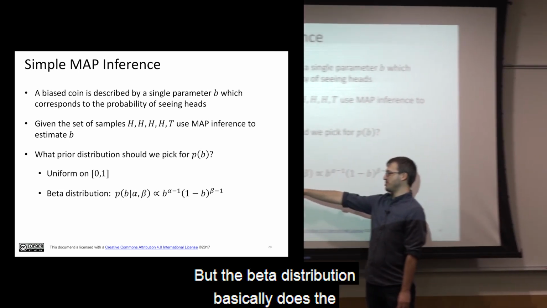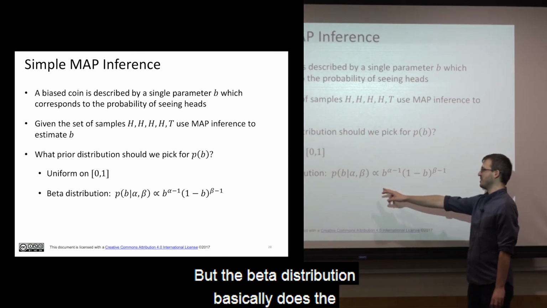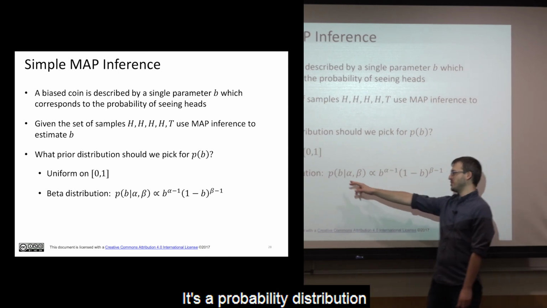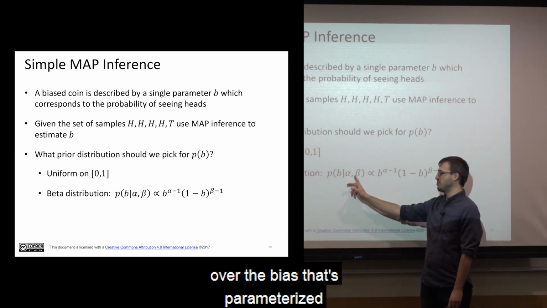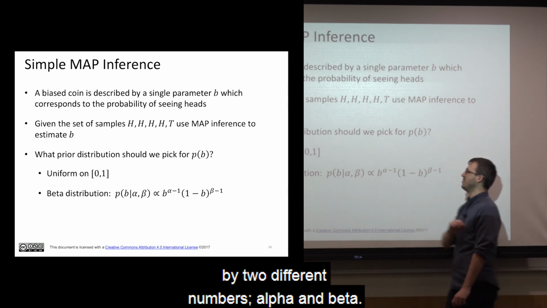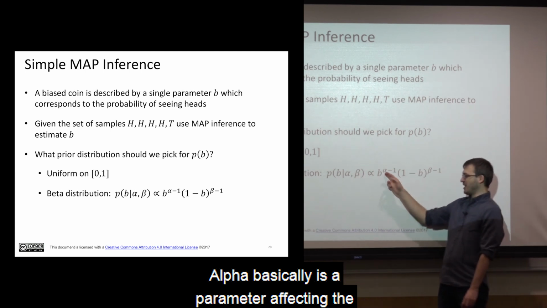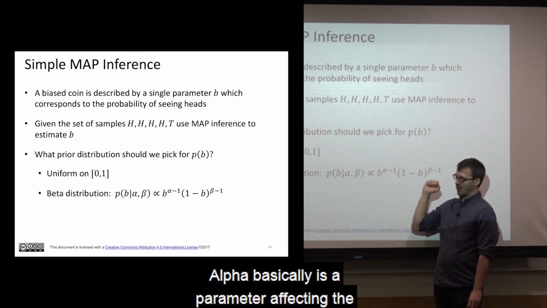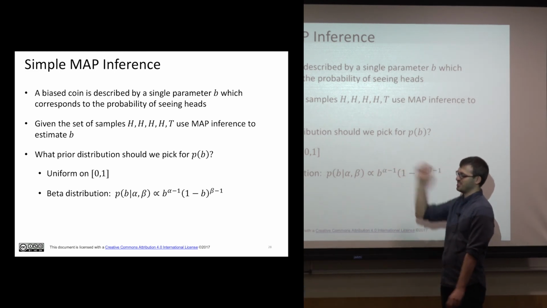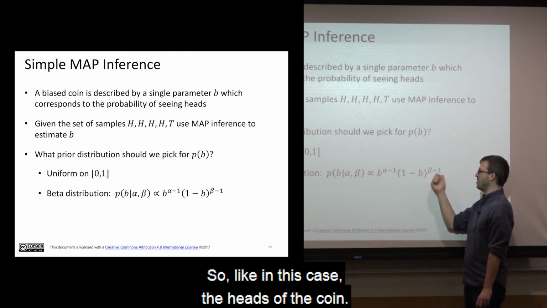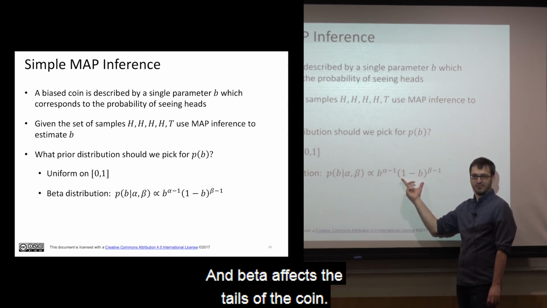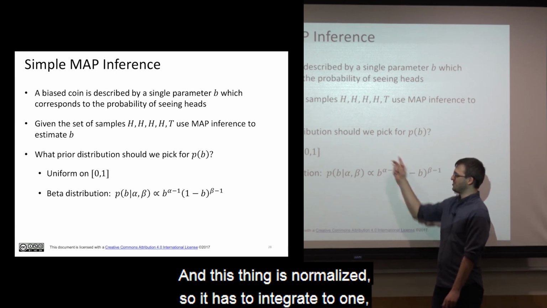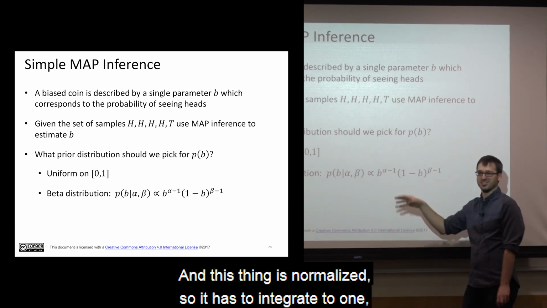But the beta distribution basically does the following thing. It's a probability distribution over the bias that's parameterized by two different numbers, alpha and beta, where alpha affects the positive outcomes, so in this case the heads of the coin, and beta affects the tails of the coin. And this thing is normalized, so it has to integrate to 1, so there's some normalization constant here.